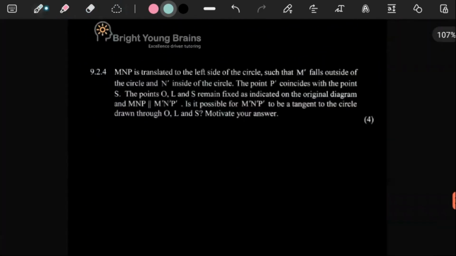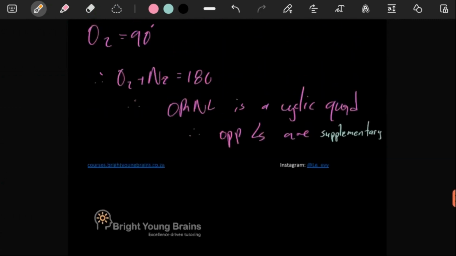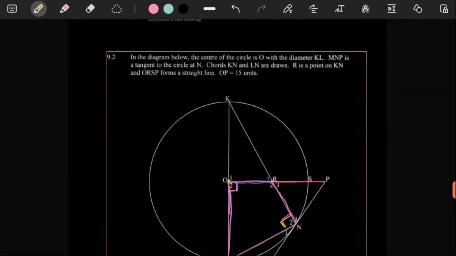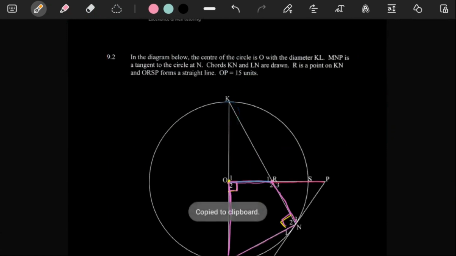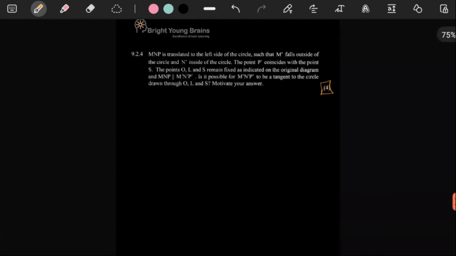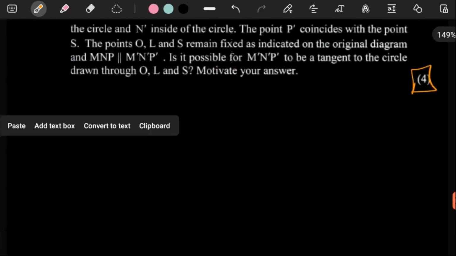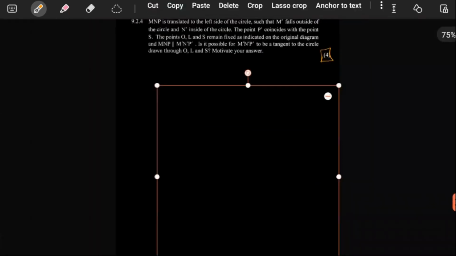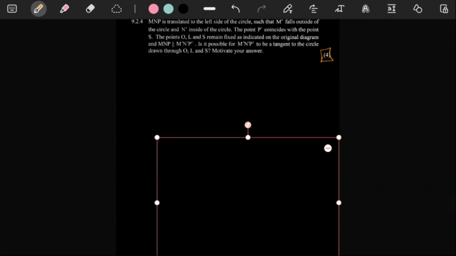Whew, okay. Let's move on. It says here, for 4 marks, MNP is translated to the left of the circle. They're busy talking some very non-interesting stuff here. It seems like it's just going to make this question weird, but it's a 4-mark question, so we do not need to panic too much.